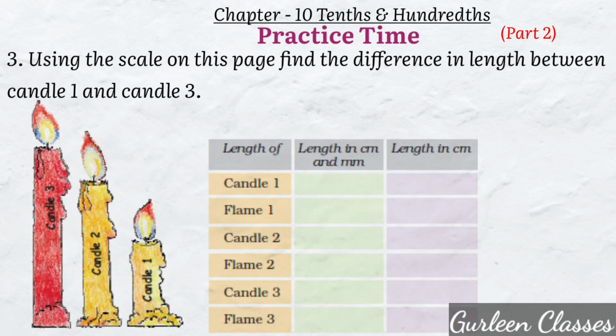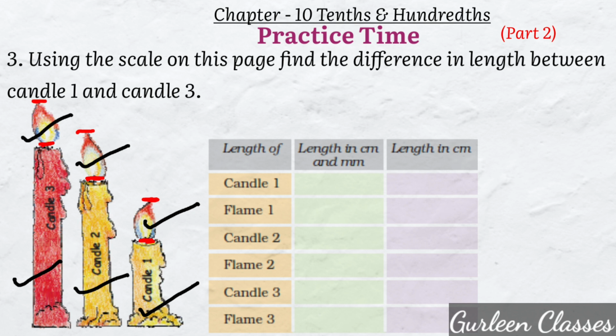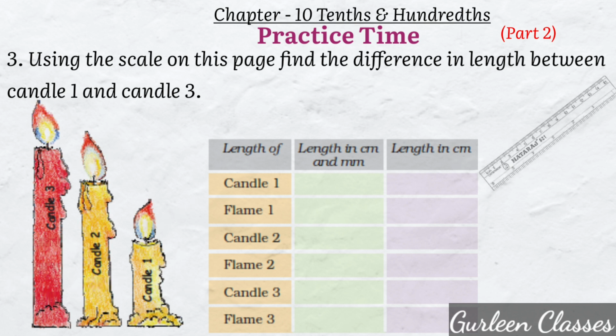Now question number 3. Using the scale on this page, find the difference in length between candle 1 and candle 3. So students, first of all, let me show you, this is candle 1 and this is flame 1. This is candle 2 and flame 2. This is candle 3 and flame 3. You have to take your scale and measure the length in centimeter and millimeter.